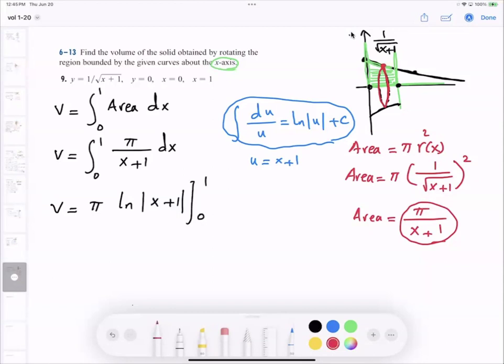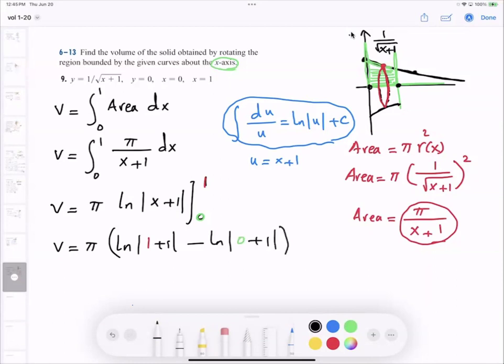First, plug in 1, then plug in 0 and do the calculation. The volume is equal to pi times ln of the absolute value of 1 plus 1 minus ln of the absolute value of 0 plus 1.